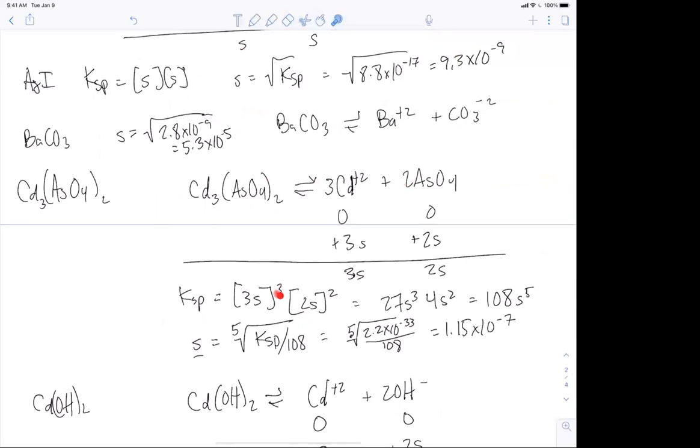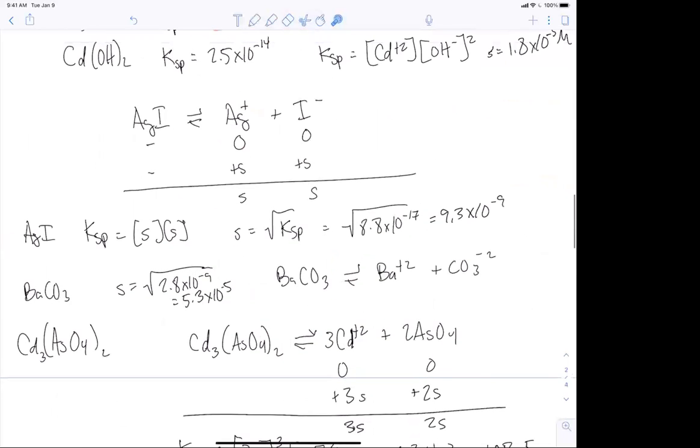When you cube and square the concentrations, it makes the KSP look really big, which it is. That's not an illusion, but it gives the false appearance that the solubility is smaller than it actually is. So that's how that question works.